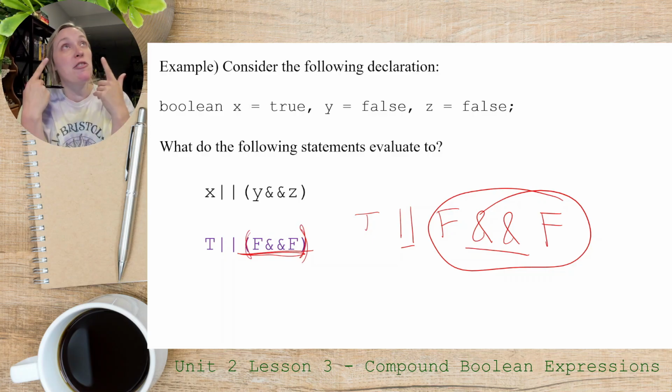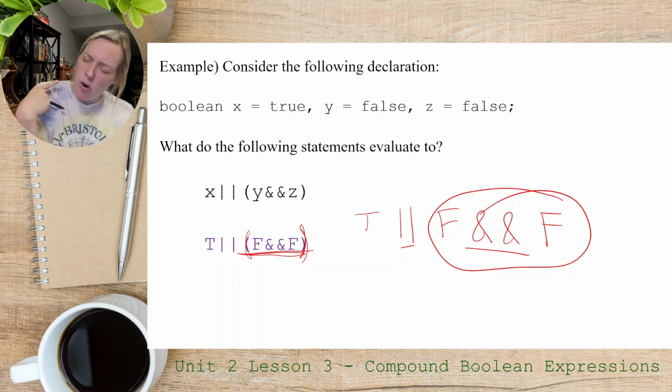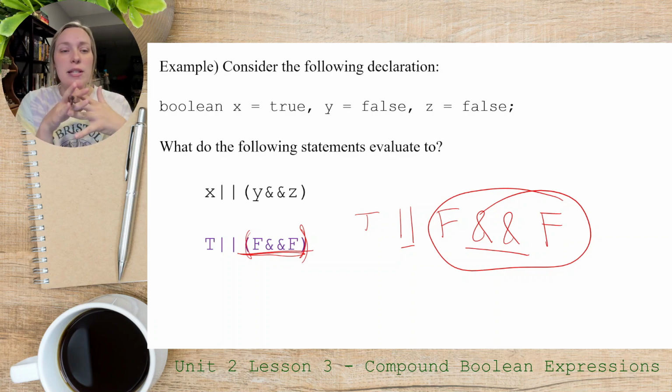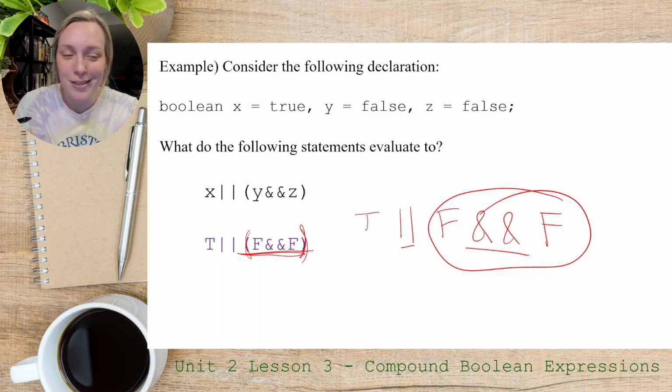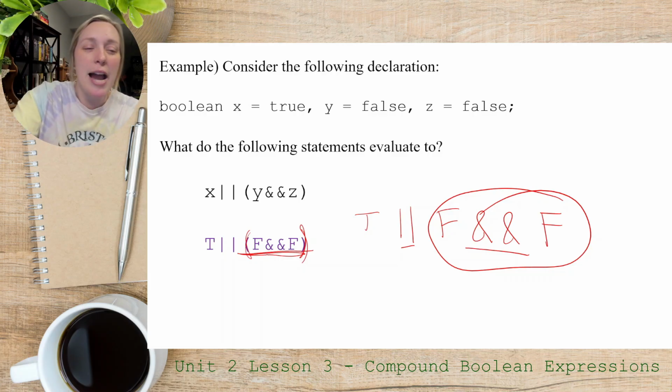You didn't even have to remember, oh yeah, and comes before or. Because I put parentheses in there, you just naturally know, oh, I have to do the parentheses first, right? So that's what I mean by overuse parentheses. If you see something like that, or you need to code something like that, just use parentheses to help you evaluate it, if you don't remember that the and comes first. Although you should by the end of this unit, but I digress.